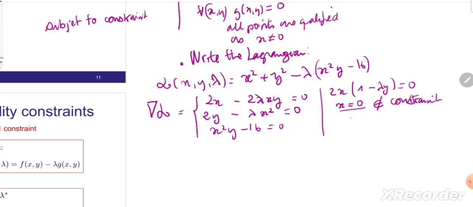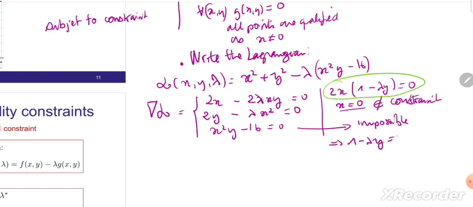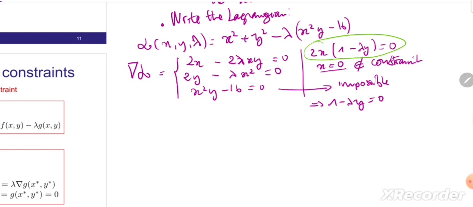If x is equal to 0, you get negative 16 is equal to 0, which is impossible. So x is different from 0, and the only way to cancel that first equation is to put 1 minus lambda y is equal to 0.